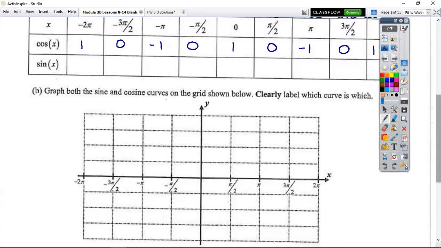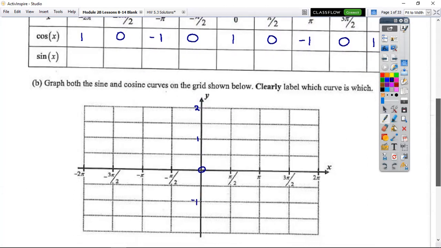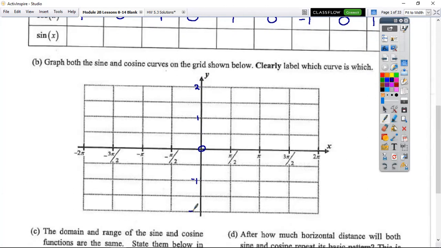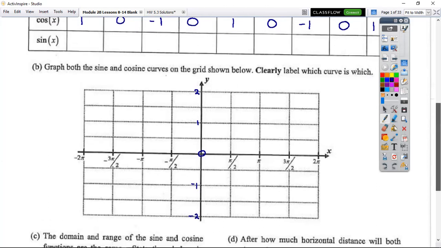I'm going to do every other. So this would be 0. Skip 1, this would be 1. Skip 1, that would be 2. We don't have to go that high, but just to have it. And then negative 1, and then negative 2 would be on the bottom. And then you're going to plot these values and connect it like a nice smooth curve.